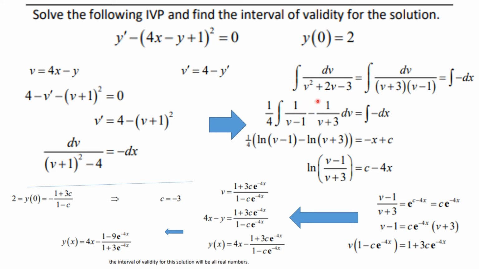And so what happens is we integrate both sides. Here, the partial fraction decomposition gives you this. We integrate it, and so it is going to end up being the difference of the logarithms, and ultimately the quotient of a log is equal to this.